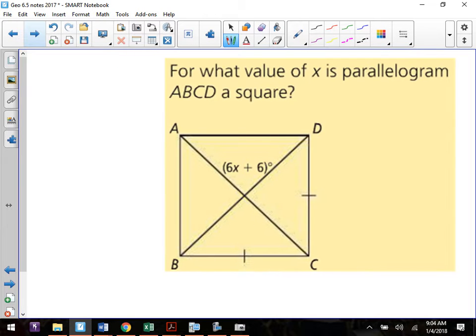Oops. For what value of x is parallelogram ABCD a square? Well, is that value of x talking about segments, or is that value of x talking about an angle? It's about an angle. Why do you think that it's talking about an angle?